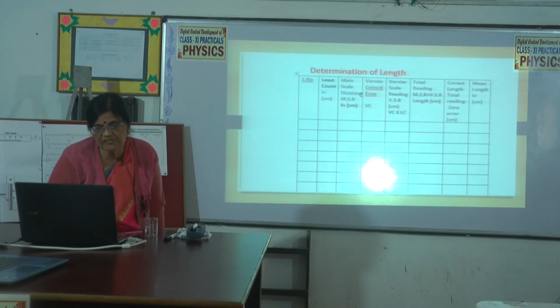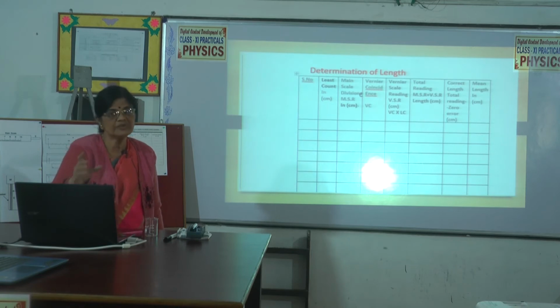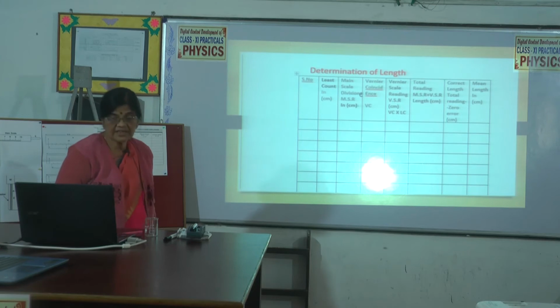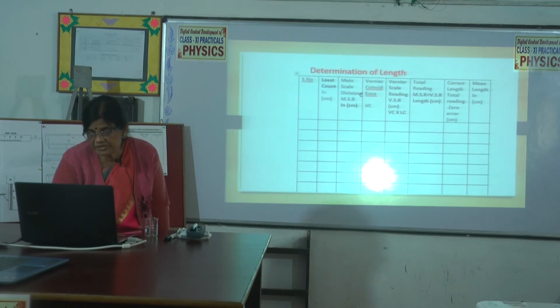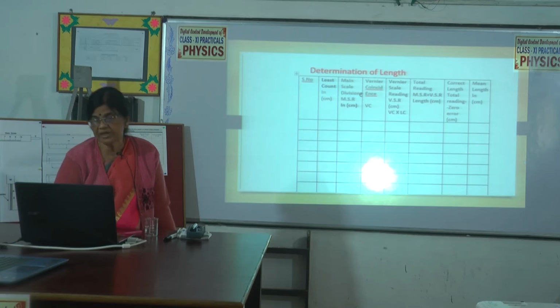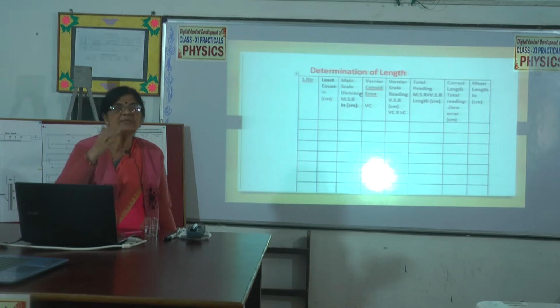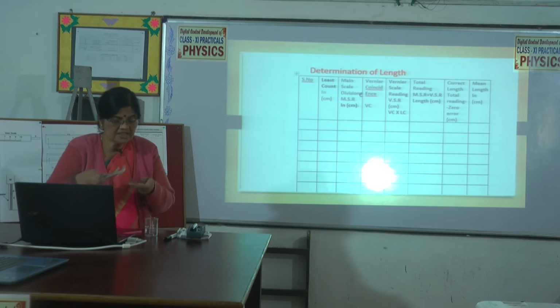Then for the determination of length, you take 10 readings in serial. The least count is 0.01, the MSR is 2.5, the vernier coincidence is 6, the vernier scale reading is 0.06, MSR plus VSR is 2.56, then minus of plus 0.01 zero error gives 2.55. Similarly, you go on recording the length.